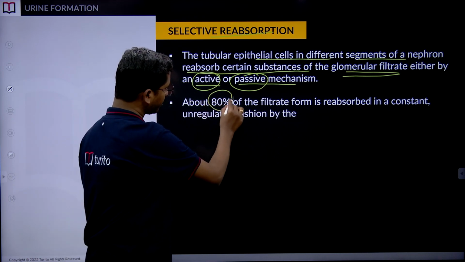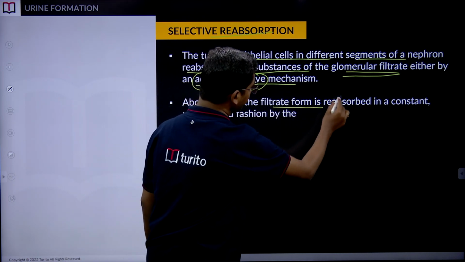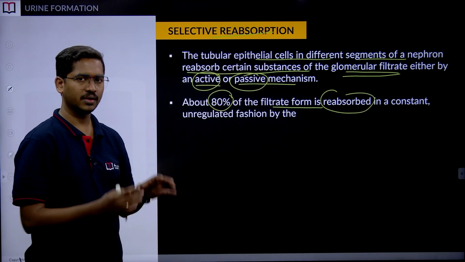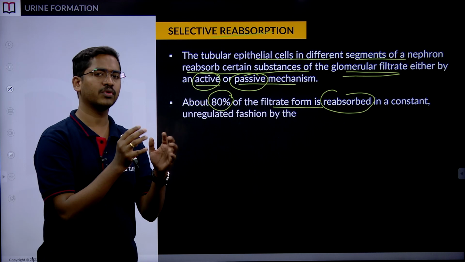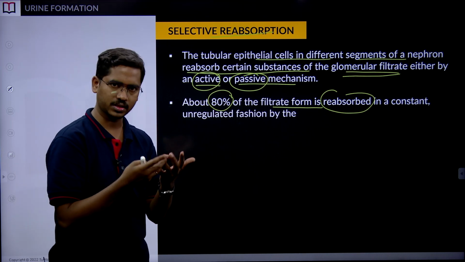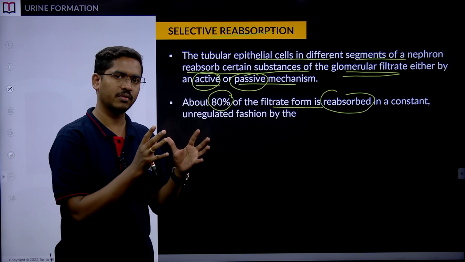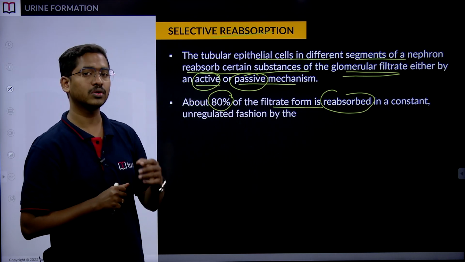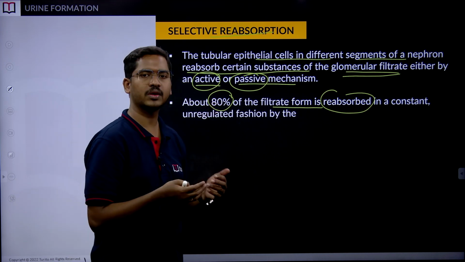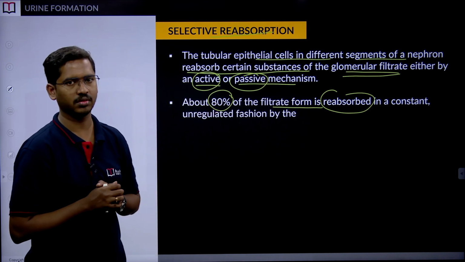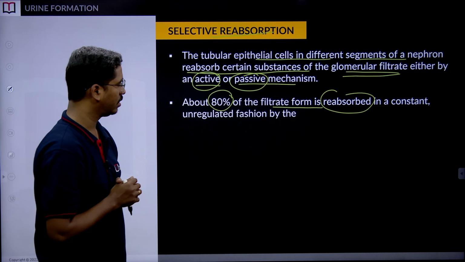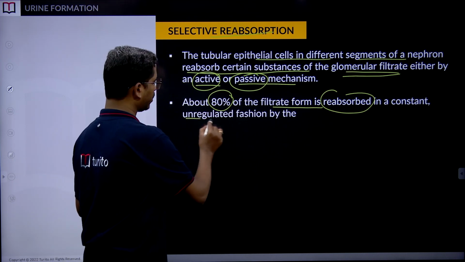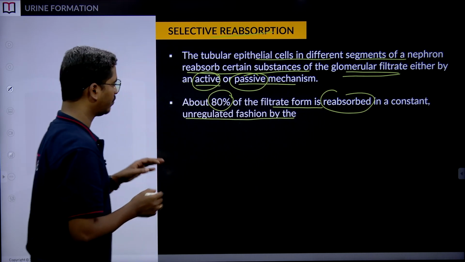About 80% of the filtrate formed is reabsorbed. What does it mean? The glomerulus was filtering the blood, right? So, it has given out 100 units of the filtrate, let us say. Out of that, 80% is again taken back into the body fluids. It happens in a constant and unregulated fashion, that is what we have to see here.